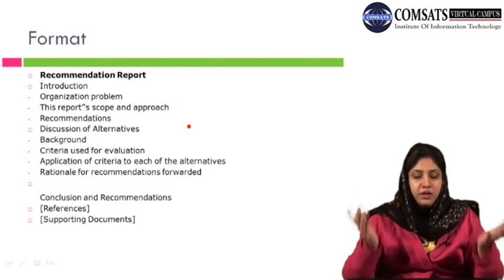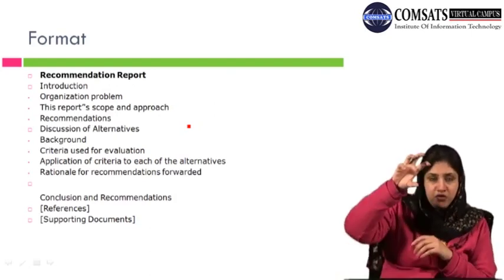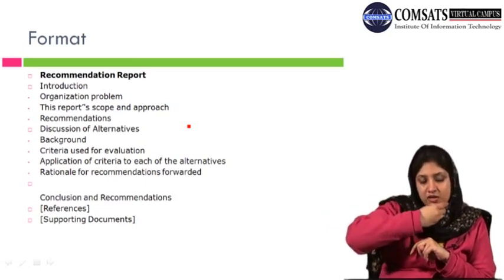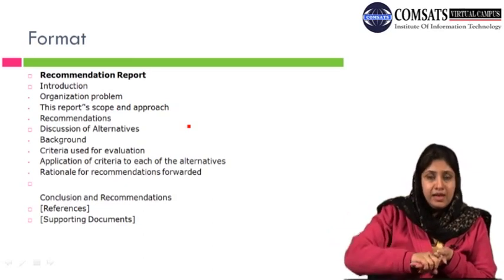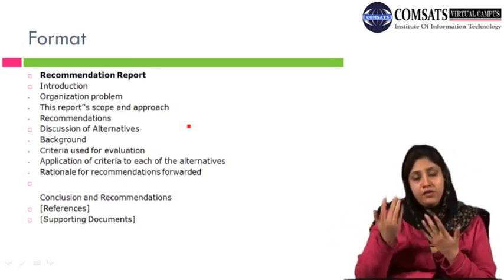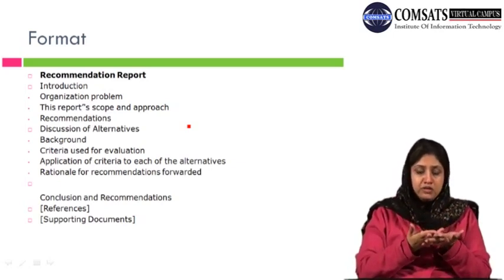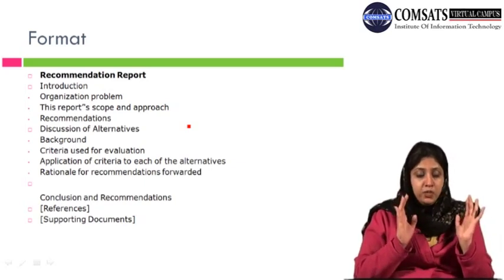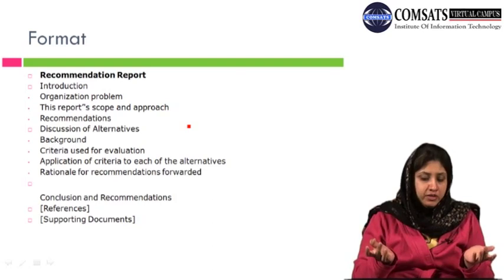So, the format of a recommendation report would look something like this. You have an introduction section, you have a discussion of alternatives section, you have conclusions and recommendation sections. Now, each section is then further divided into subsections. Look at the introduction section that talks about the organizational problem, this report's scope and approach, and what are going to be the recommendations.